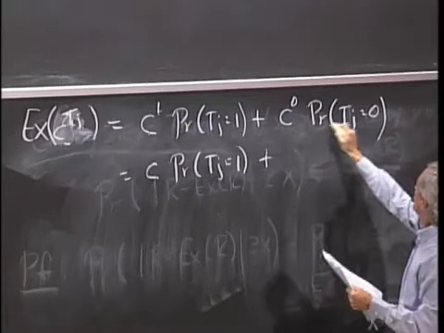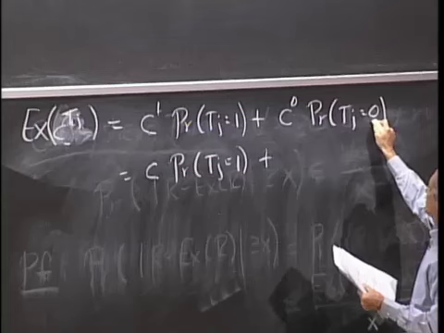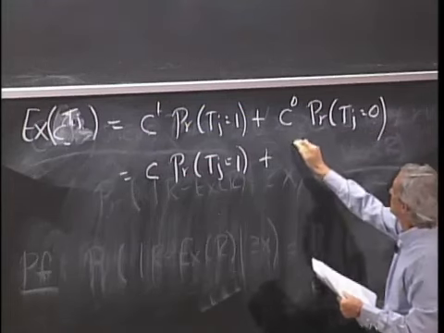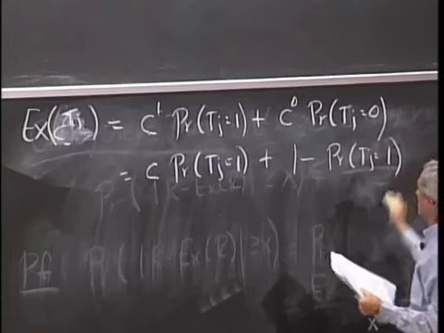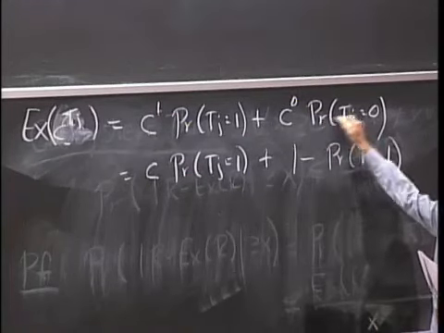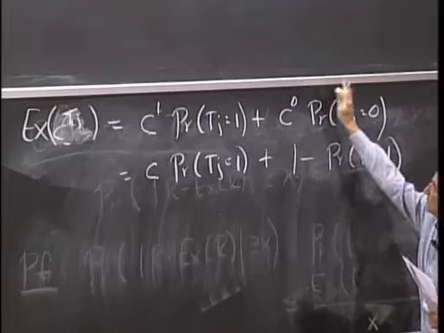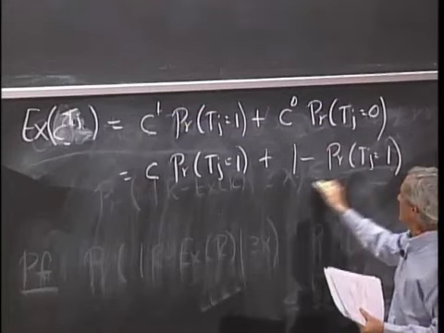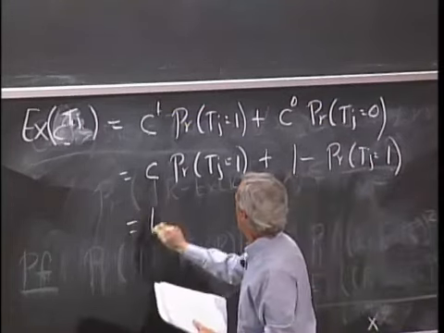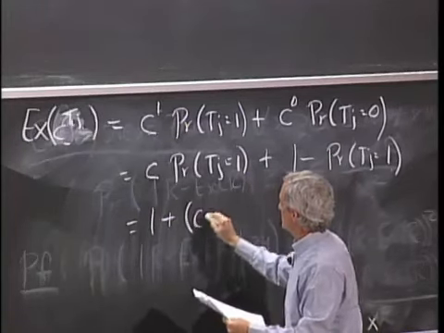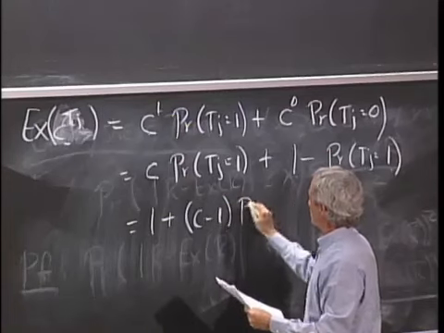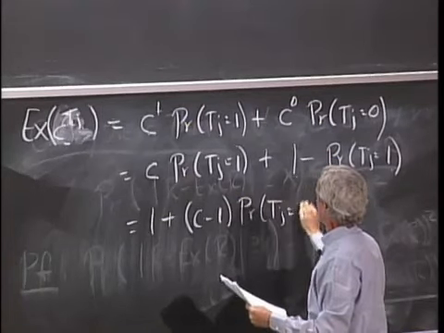And I'm going to rewrite the probability tj is 0 as 1 minus the probability tj is 1. All right, this equals that. And of course, the 1 cancels. Now I'm going to collect terms here to get 1 plus c minus 1 times the probability tj equals 1.